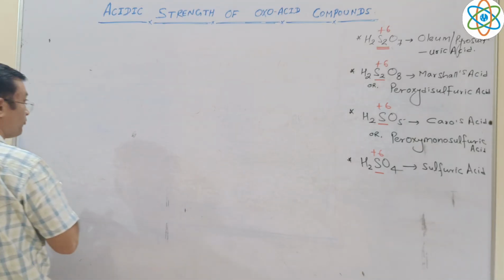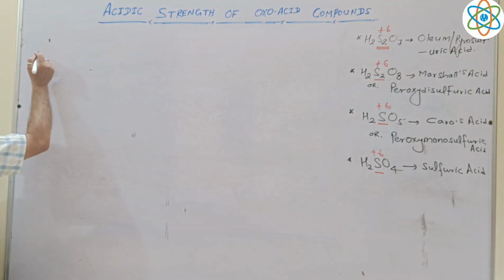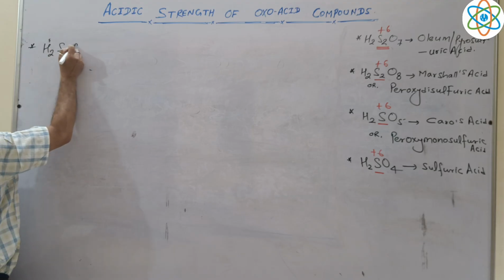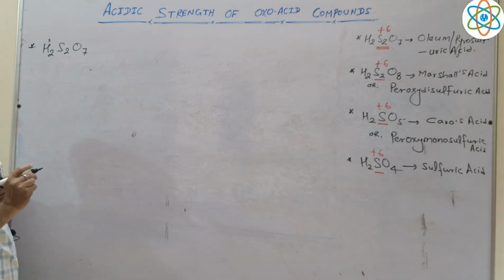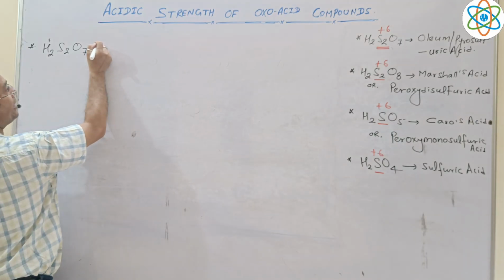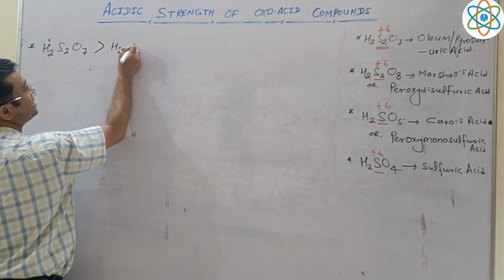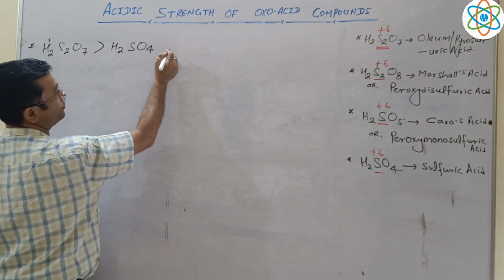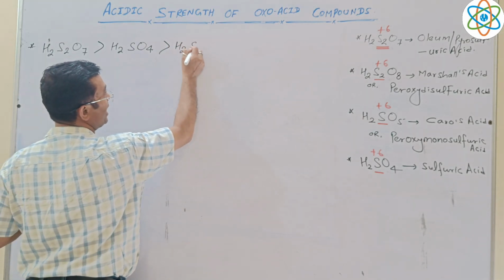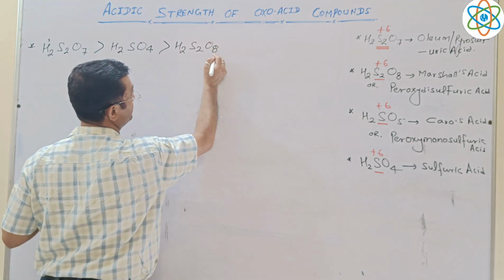What is first, you see here: H2S2O7 has maximum acidic strength. After that, sulfuric acid H2SO4. After that, Marshall acid, that is H2S2O8.